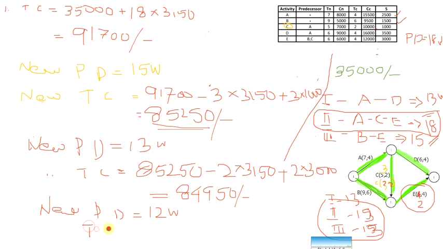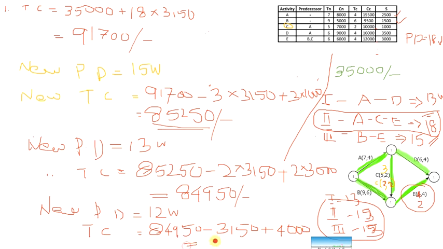New total cost is equal to 84,950 minus 1 day reduced, so 1 into 3150 indirect cost for 1 day, plus the crash cost, 2500 plus 1500, or you can write 1 into 2500 plus 1 into 1500, totally 4000.